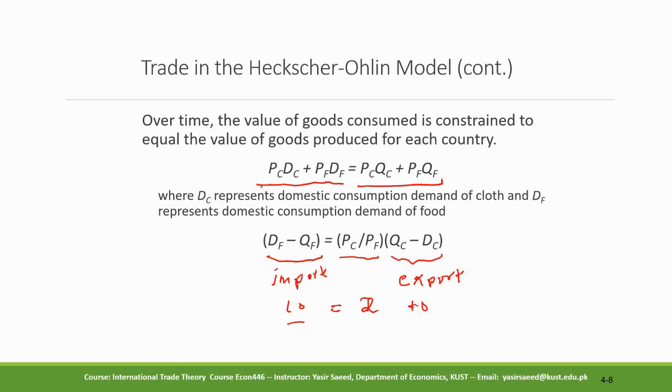That will equal not 10, but now 5. 5 multiplied by 2 equals 10. So both sides are balanced once again. So the more the price of cloth increases, the greater can be our imports, or we will be exporting a lesser quantity of cloth for that purpose.